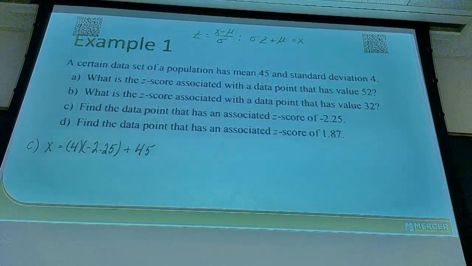Four times negative 2.25 plus 45. Four times 2.25 is 9. And then negative 9 plus 45 would be 36. There's your data point.